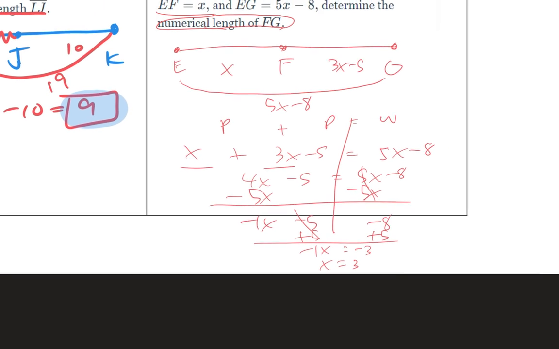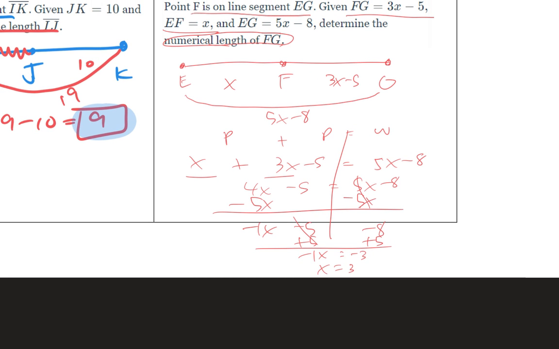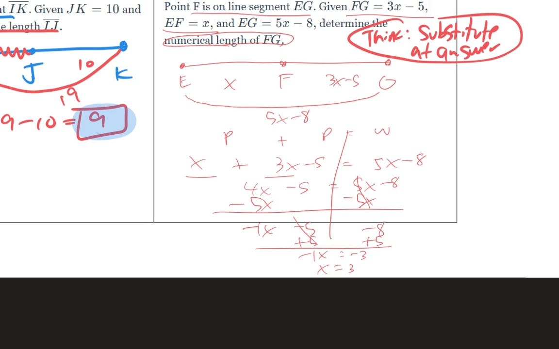But we're not going to forget, we're going to think, substitute at the answer. Whenever we have the answer, we're going to substitute. They're asking for FG.